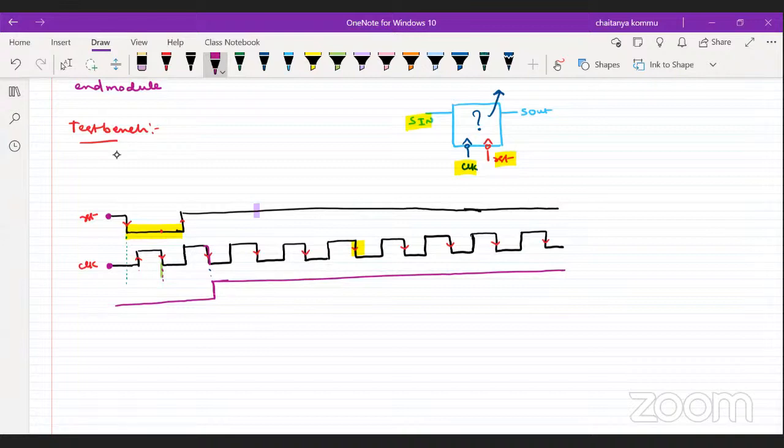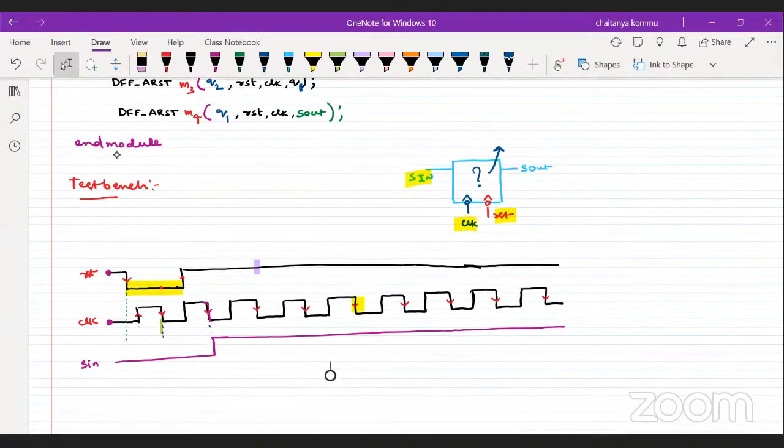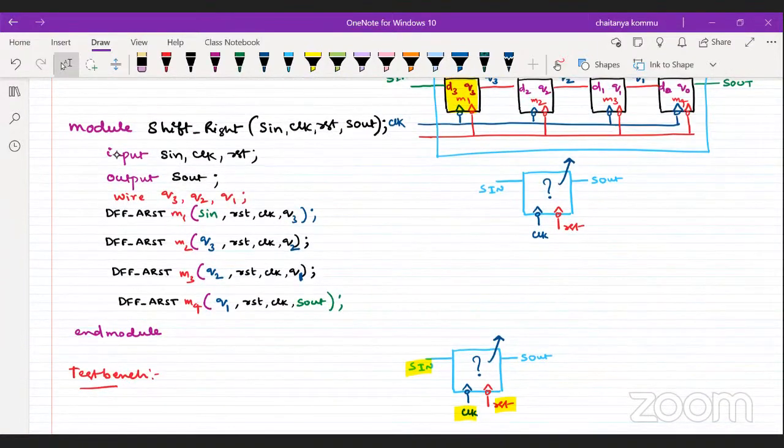Throughout this one, logic 1 I'm applying. This is called SIN. So please try to write a test bench for this with these 3 signals. We know how to write the test vector for this test bench. Okay, now fine, that's good.